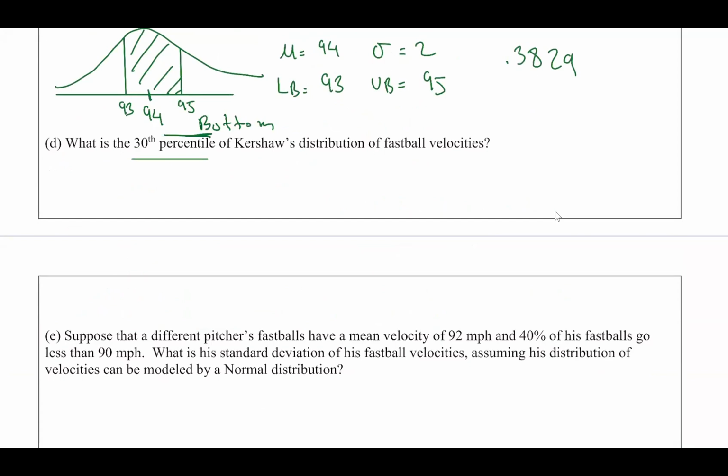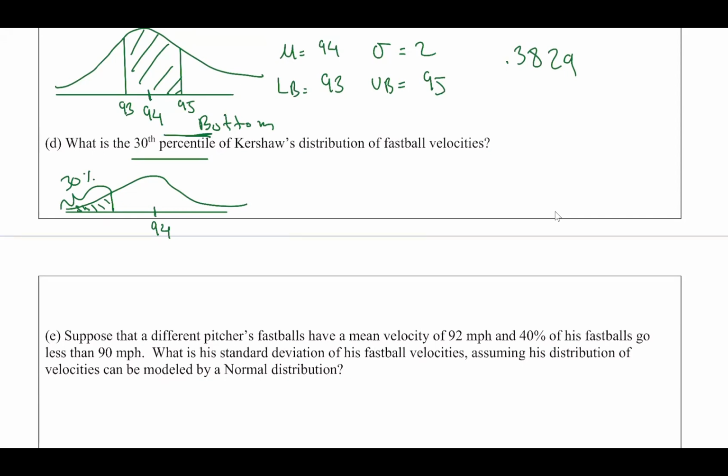So for this one, we automatically know that we want this percentile. Anytime they say a percentage and then they say percentile, they're telling you they want the bottom percentage, or the X value that corresponds to that bottom percentage.